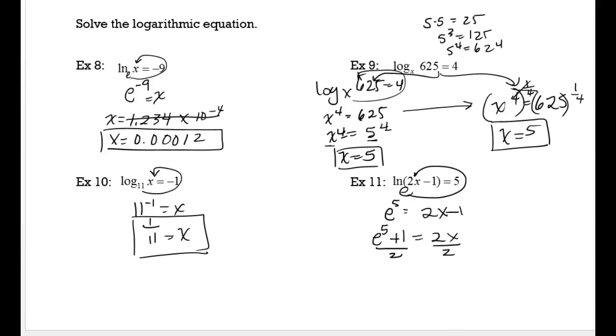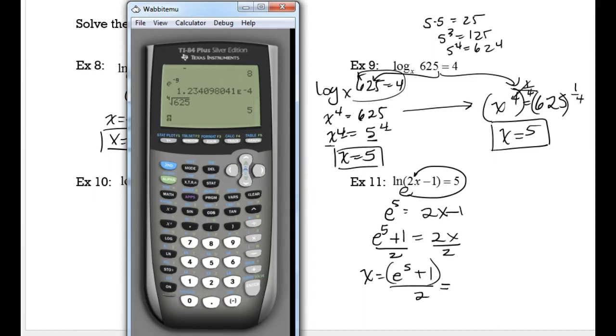So in my calculator, I'm going to put in e to the 5th plus 1 in parentheses, then divide by 2, and see what I get. To 3 decimals, 74.707.